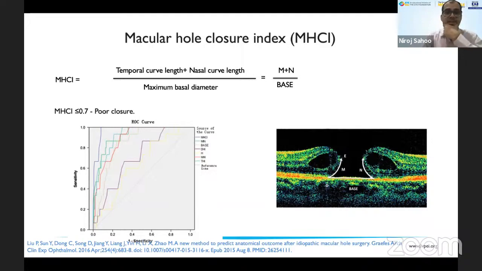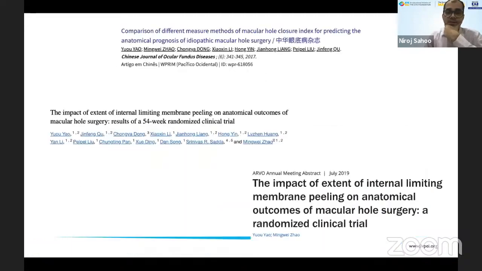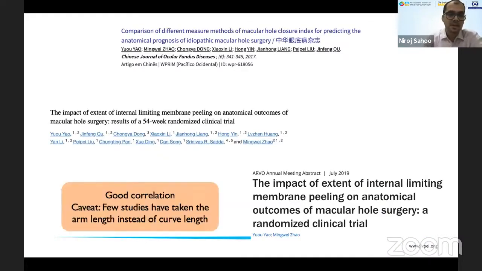So this is telling us that this could be one index that might be consistent with the prognosis of the macular hole. Several other studies have shown MHCI to have a very good correlation with final visual acuity, but there's a caveat that a few of the studies have taken the arm length instead of curve length and labeled this as MHCI. So again, one should take it with a pinch of salt.